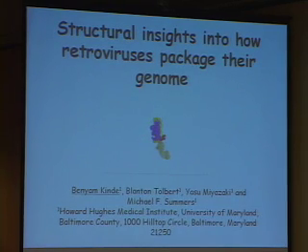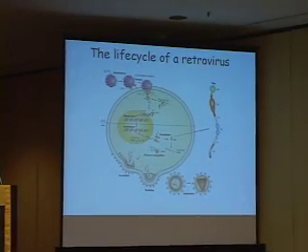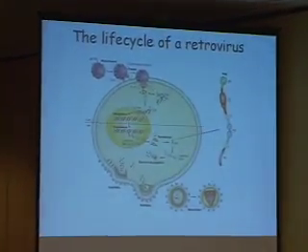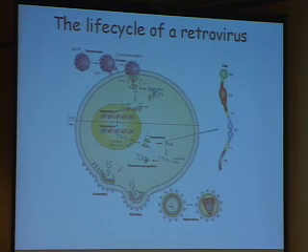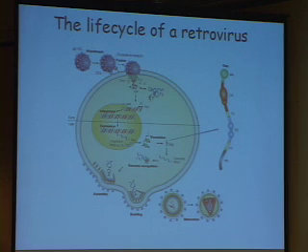Let's first take a look at the generalized life cycle of a retrovirus. As you can see, the life cycle is really divided into an early and a late phase. Early phase is really defined by infectivity, where the virus particle binds to the membrane, and its genome is integrated into the host cell.